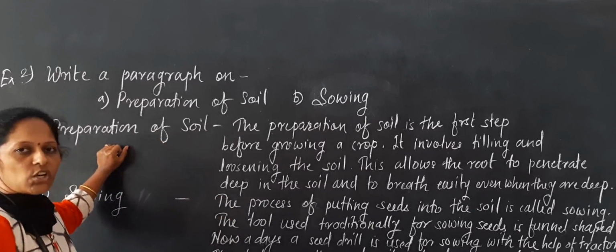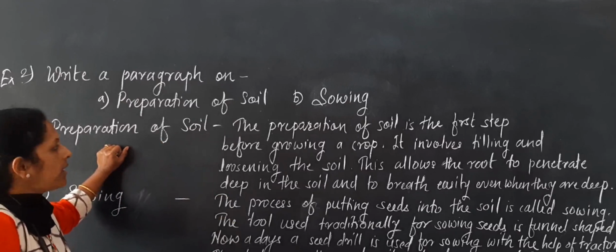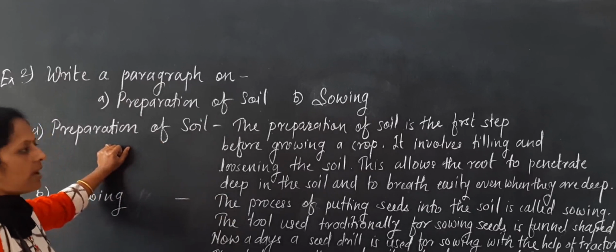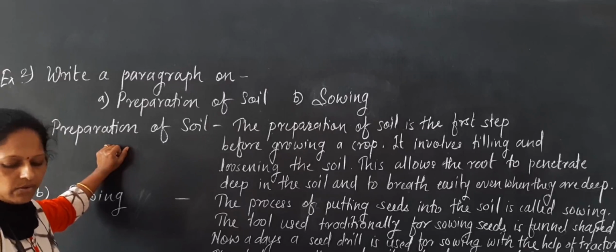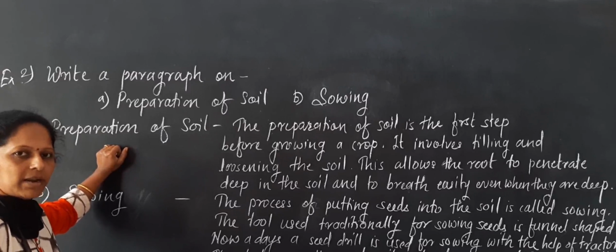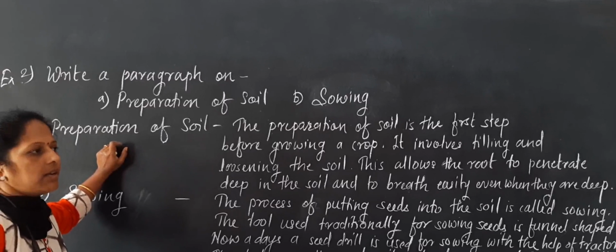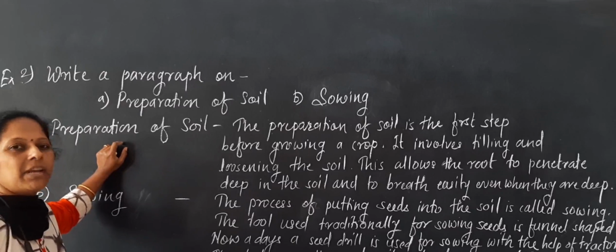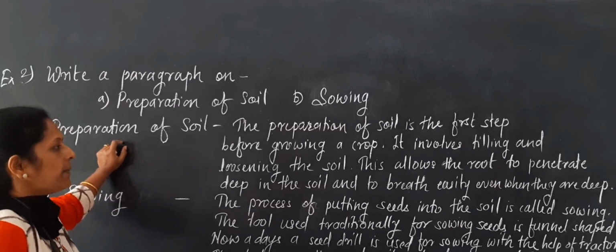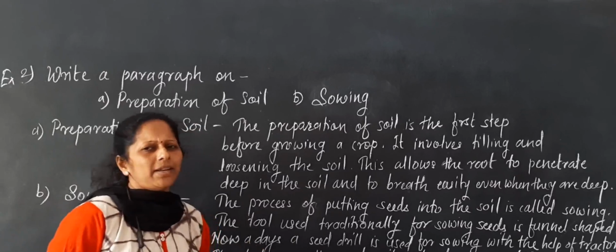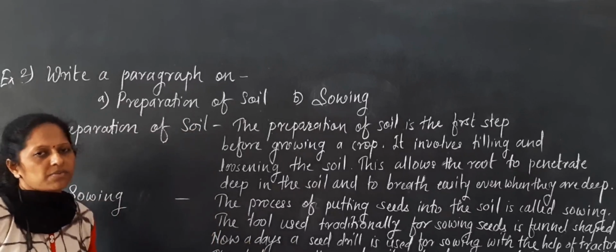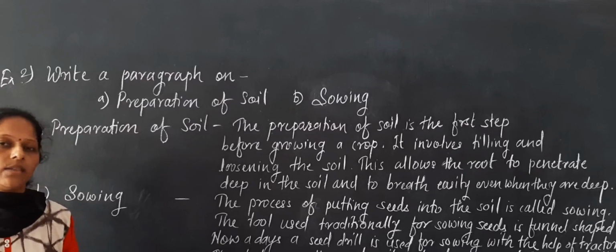So preparation of soil is the first step. As you know, this is the crop production and management lesson. You learn that, and in the preparation of soil, write a paragraph on what you know about it, what it is and why it is necessary.